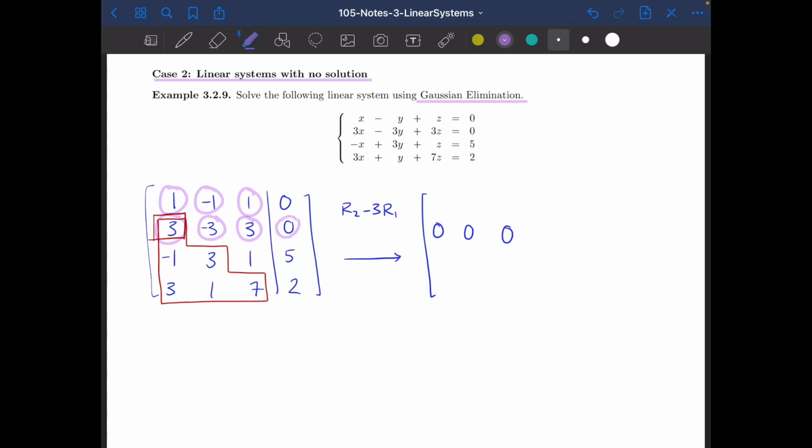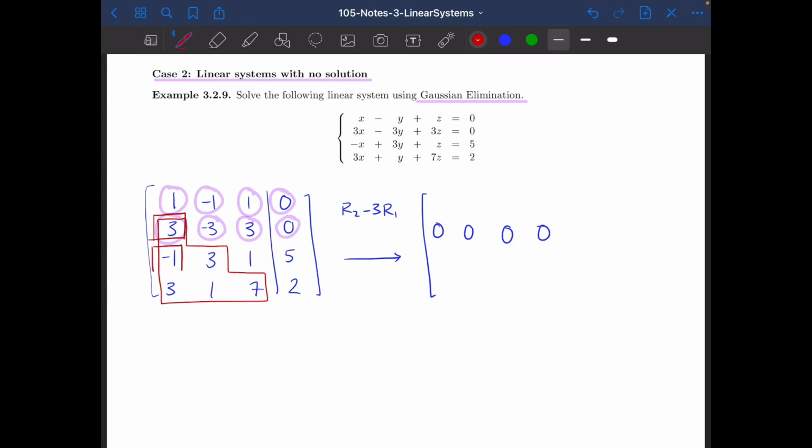And 0 minus 3 times 0 gives me, again, 0. So I have a row of zeros appearing. Now I could fill out the rest of this augmented matrix and then interchange row 2 and row 4 because I know that a row of zeros must be at the bottom of the augmented matrix. However, why don't I instead continue working on the first column?